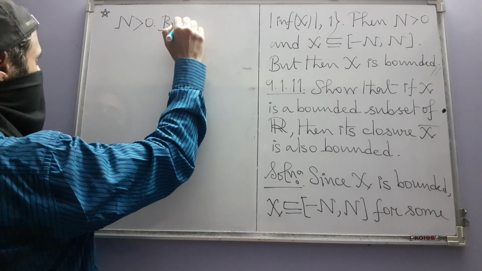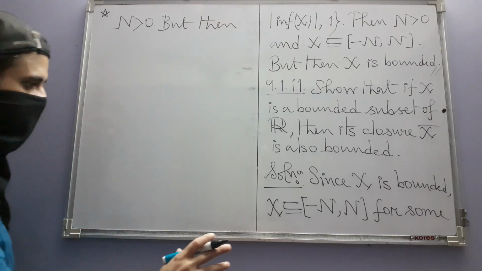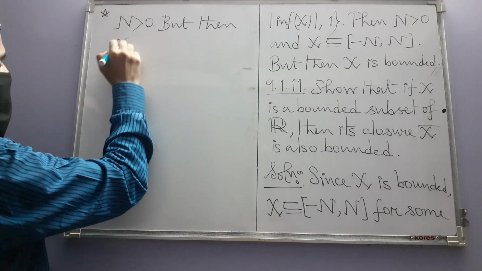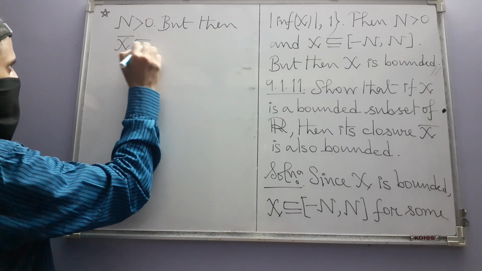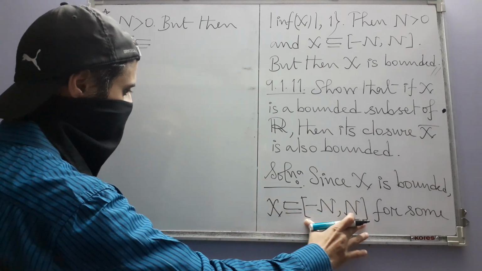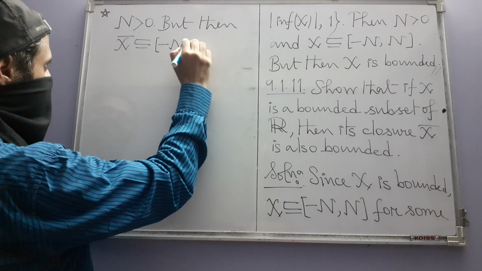But then, applying the various properties of closures of sets, we have this. One of those properties says that the closure of X is contained in the closure of this closed interval.